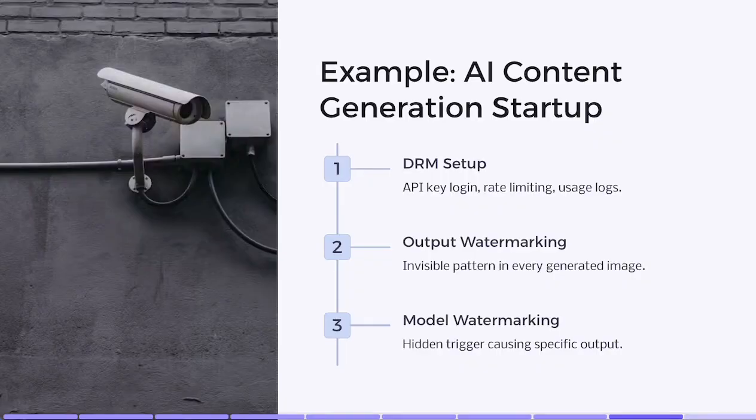Say a startup called GenArt offers a cloud-based service generating AI artwork. The DRM setup: users must log in with API keys. Rate limiting prevents more than 100 images per day per user, and usage logs record each request's time and ID. Then there's the watermark for outputs. GenArt hides an invisible pattern in every generated image. A proprietary scanning tool can detect this pattern, proving the image was produced by GenArt's AI.